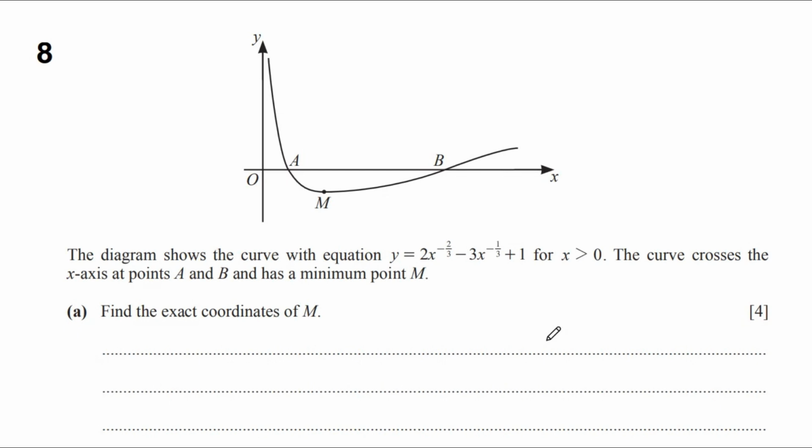M is given as a minimum point, so at that point the dy by dx, the gradient, is 0. So let's find out what dy by dx is.